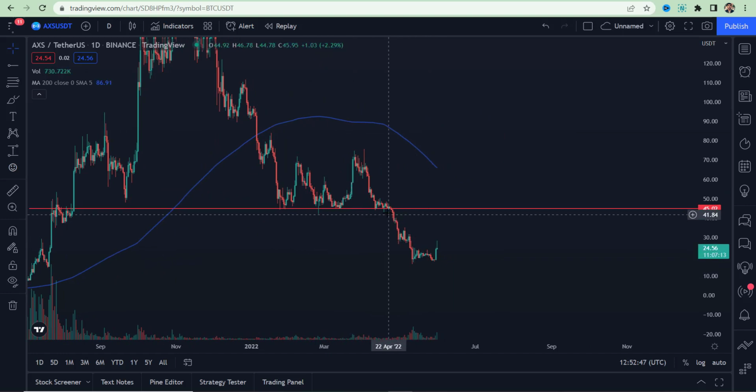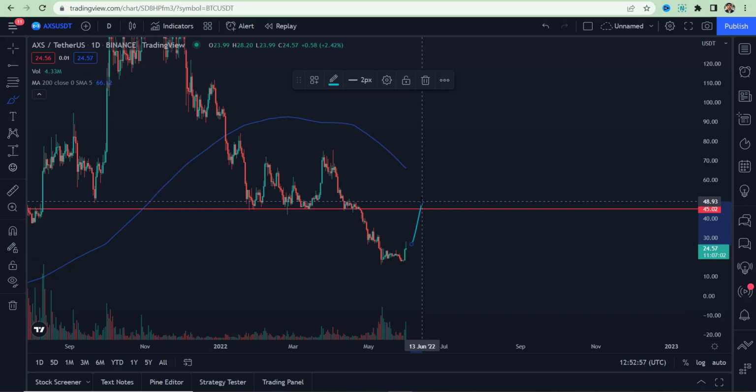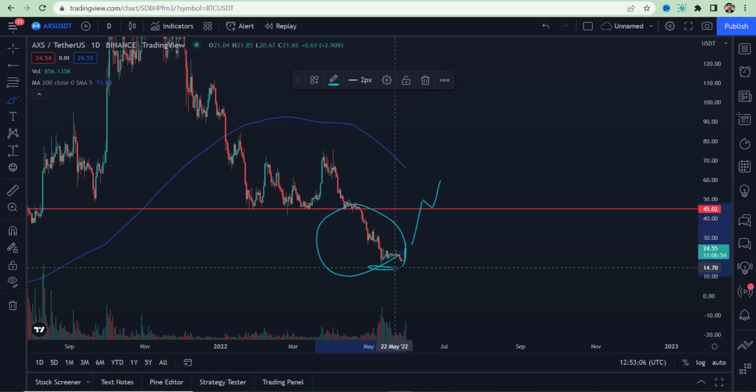Even though Axie went into the bearish phase for a while, if Axie goes back above this place, closes above it with a retest, then this whole move would be considered a break of structure.